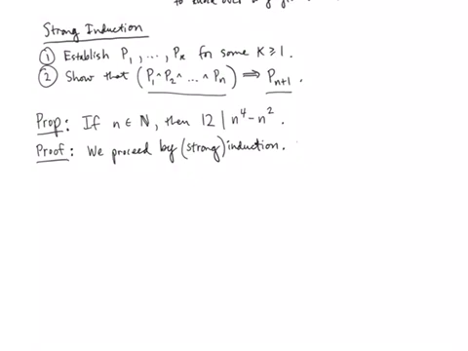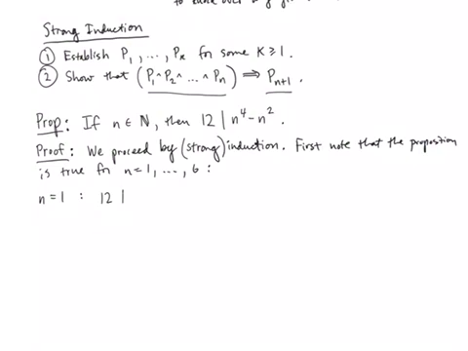So first note that the proposition is true for n equals 1 through 6. Okay, so for n equals 1, we have 12 divides 1 minus 1, which is 0, and that's true.